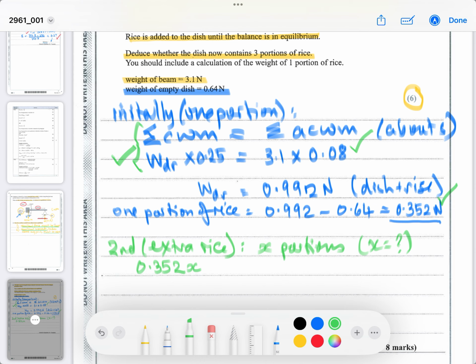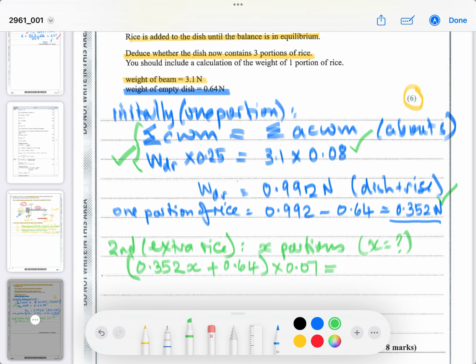This is the clockwise moment again. That's going to be plus the weight of the dish, which is 0.64 newtons. And both of these are now at 0.07. So they're closer to the string than the beam weight.